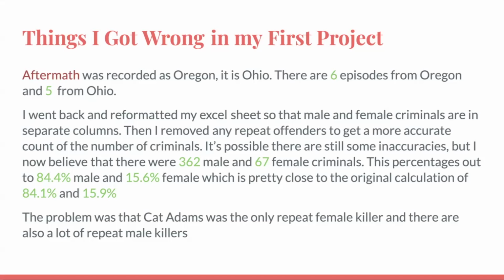It's possible there are still some inaccuracies, but I now believe that there are 362 male and 67 female criminals, which percentages out to 84.4% male and 15.6% female, which is pretty close to the original calculation I had of 84.1% male and 15.9% female. And so the biggest problem was that Kat Adams was the only repeat female killer, and there are a lot of repeat male killers.